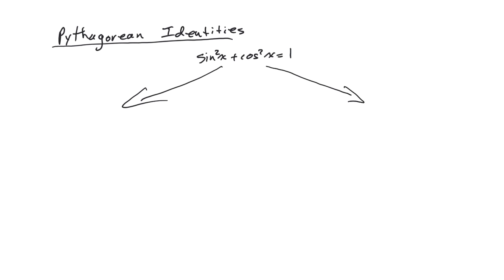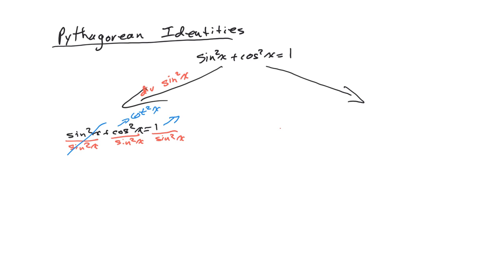So one, you're actually going to divide everything by sine squared x, and you're going to get something that looks like this. Now, in doing so, you have some cancellation. This goes away, and then this part here turns into cotan squared x.